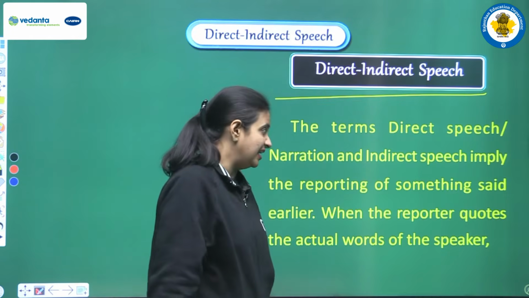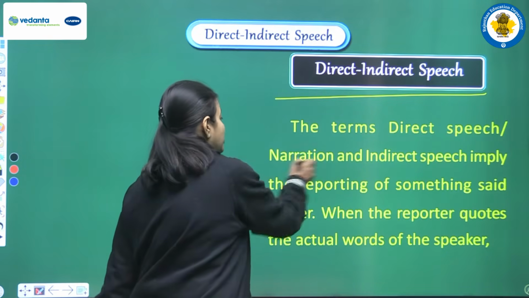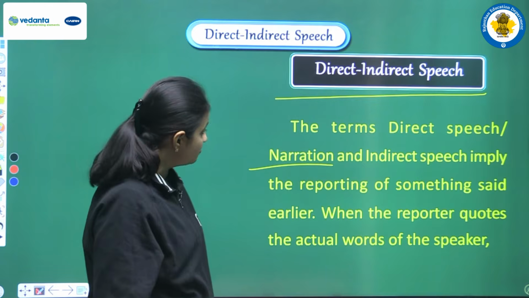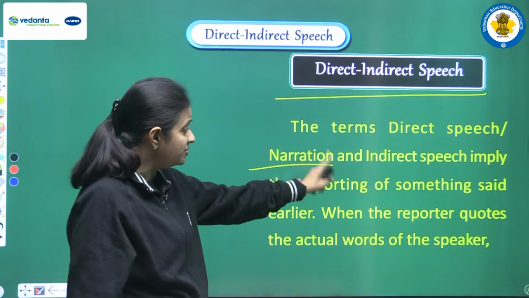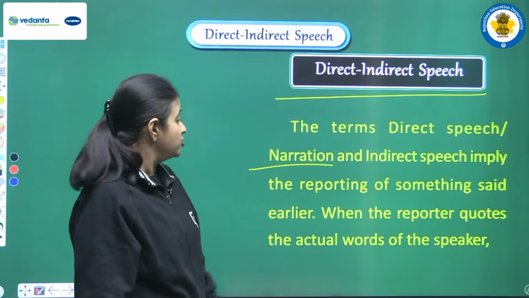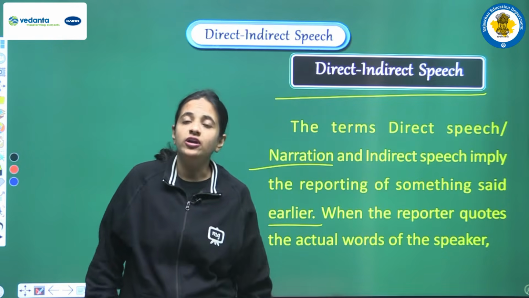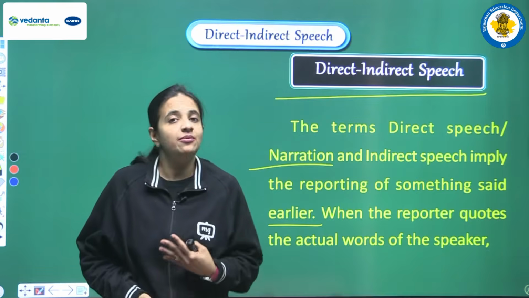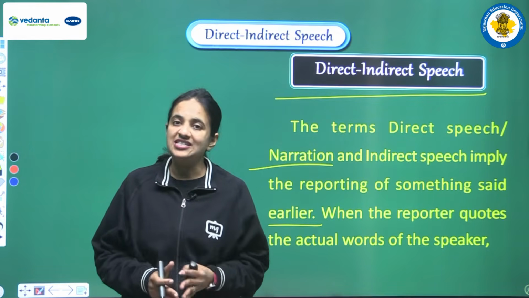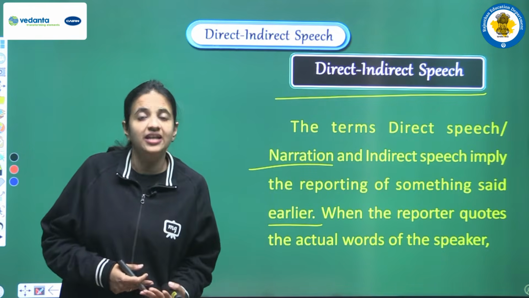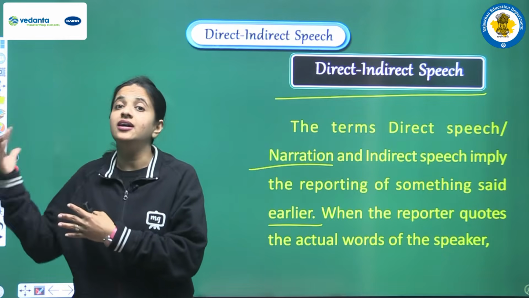The terms direct speech, or we can say narration also, and indirect speech imply the reporting of something said earlier. So this is the very important thing that we have here, what direct and indirect speech actually means. It means that we are quoting something that actually has been said earlier, right?